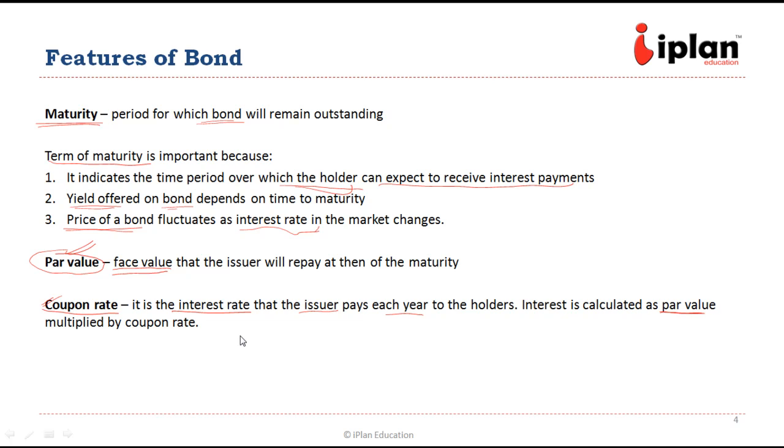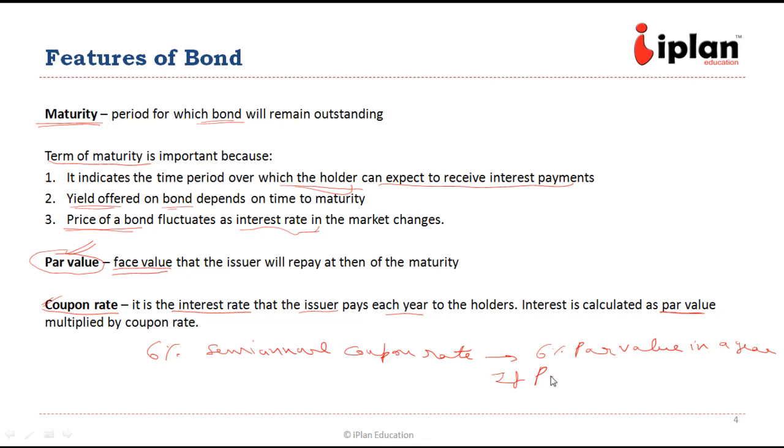So when we say 6% semi-annual coupon rate, this says that the bondholder is going to get 6% of par value in a year.